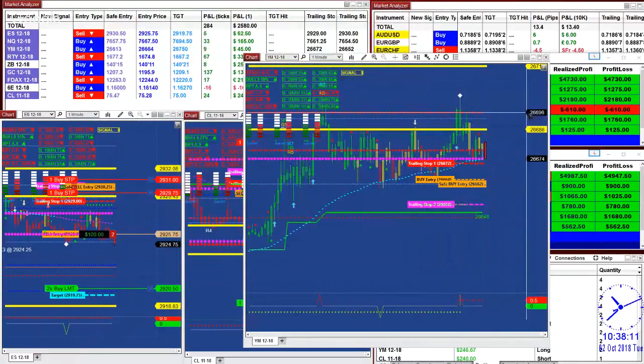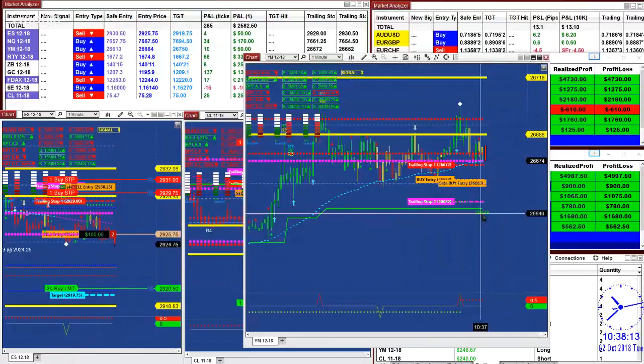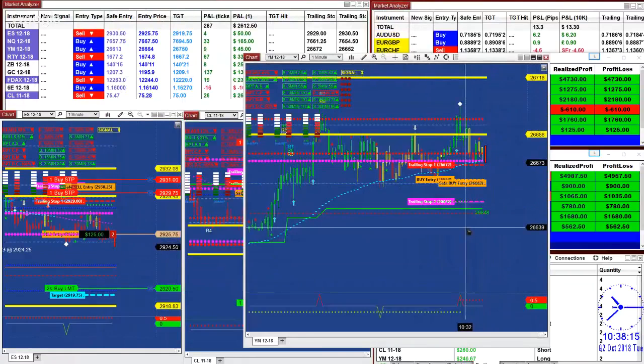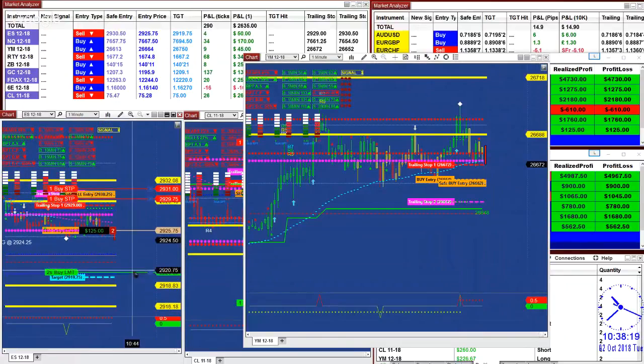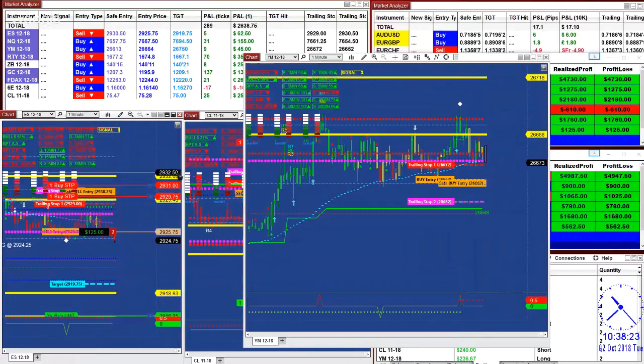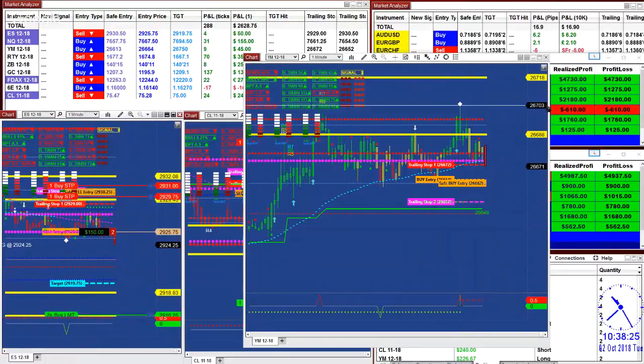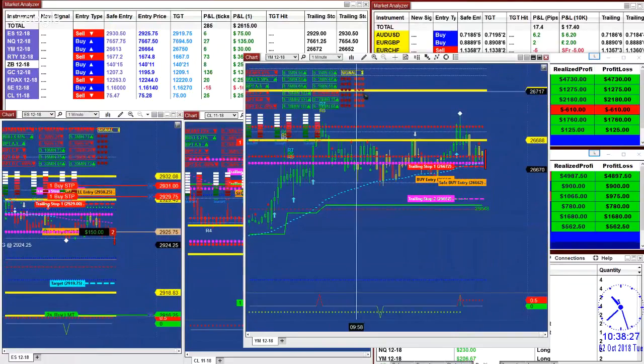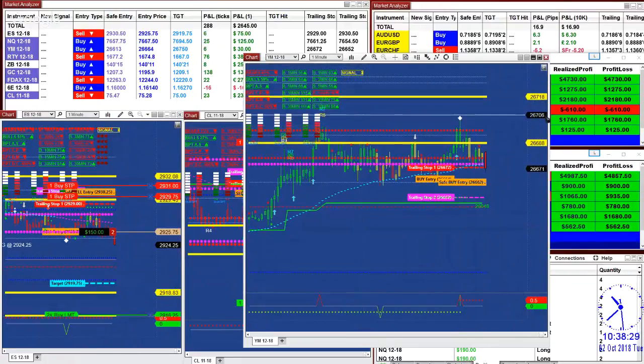There we go. Let's see if this YM breaks this area here. You have a lot of ticks coming on the ES, that's for sure. I'm going to bring it all the way down here, and okay, look, the sellers start coming in, and the YM starts giving up.